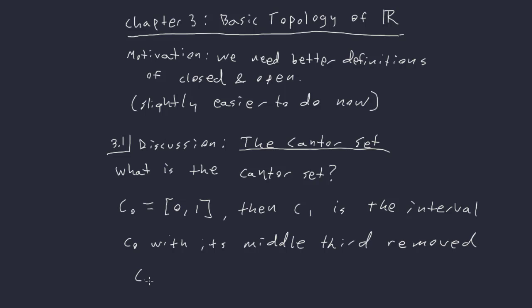So specifically, C1 is going to be C naught, which is actually 0 to 1, and we're going to remove the set 1/3 to 2/3, and we're removing the open middle third. I guess I should say that it's the open middle third. Okay, so what ends up being left is 0 to 1/3 closed, union 2/3 to 1 closed.